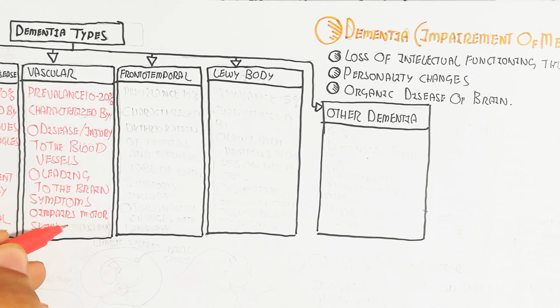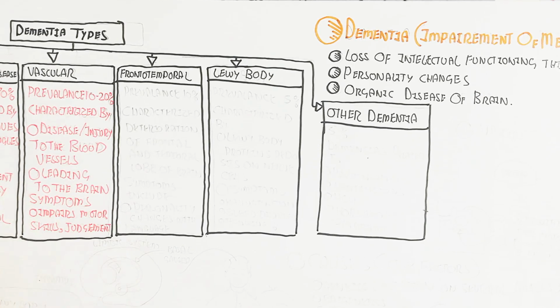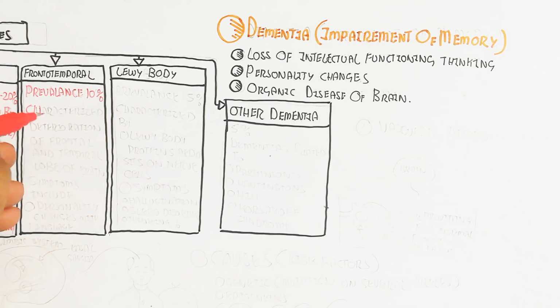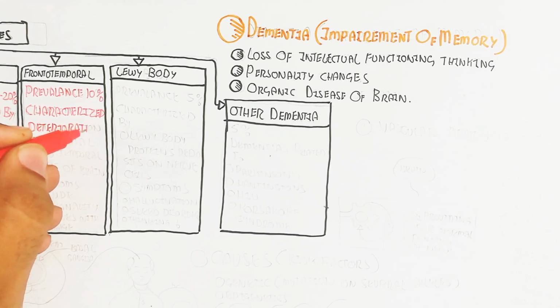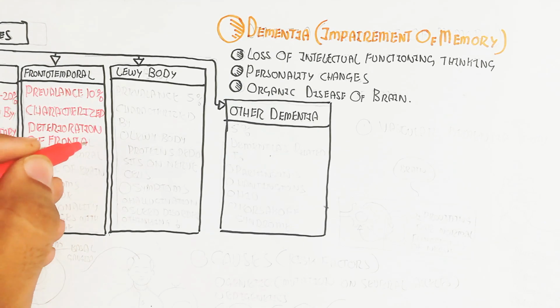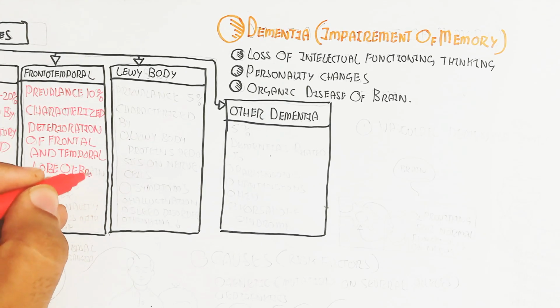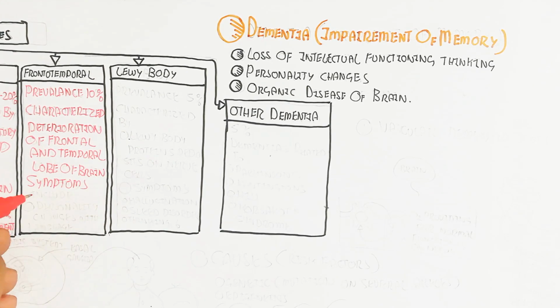On the other hand, frontotemporal dementia has a prevalence of 10% and is characterized by deterioration of the frontal and temporal lobes of the brain. The symptoms of frontotemporal dementia include personality changes, and the language can be changed.